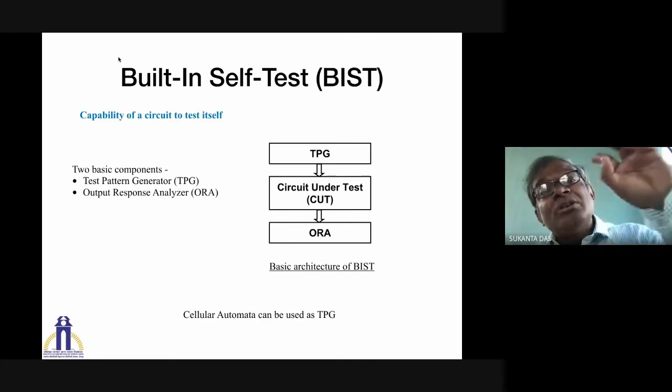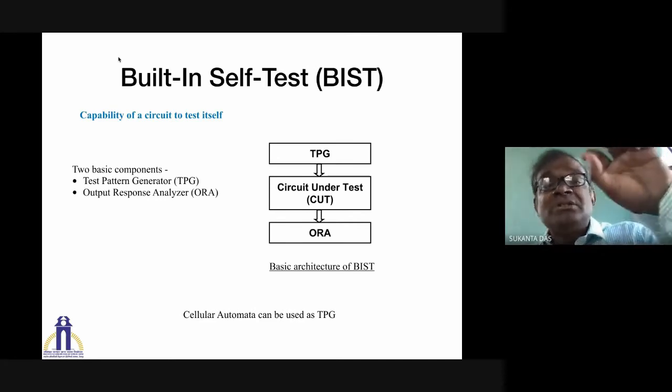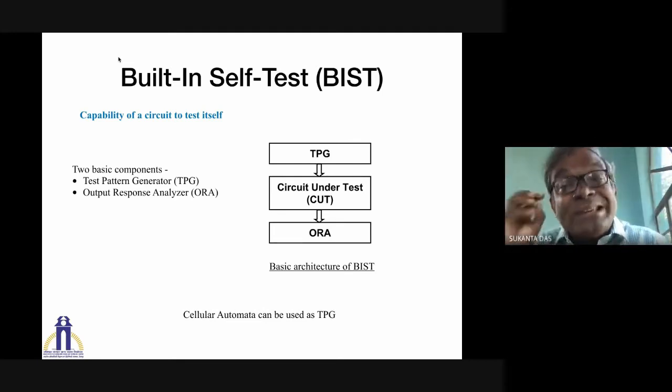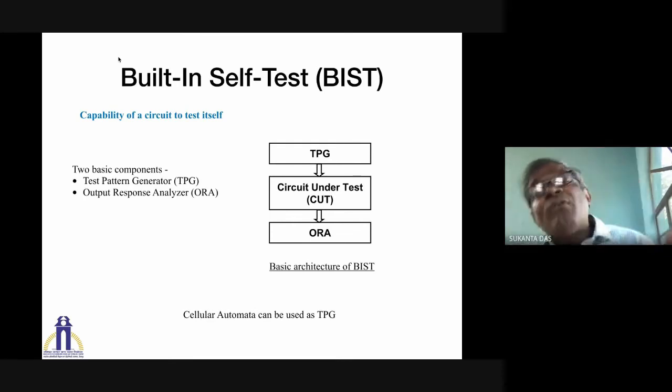So therefore that testing part should be very small. That is the primary requirement. So BIST should be as small as possible. Its overhead should be very, very less. Overhead means, one is area overhead. At the age of VLSI, area is the most important thing, right? In your chip, how much area it is taking is very important. So area overhead of the circuit should be small.